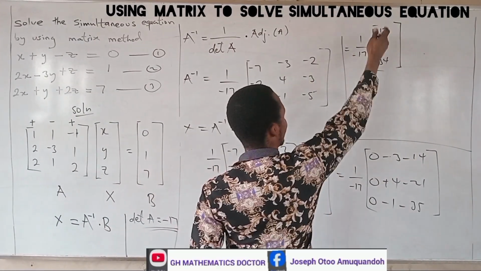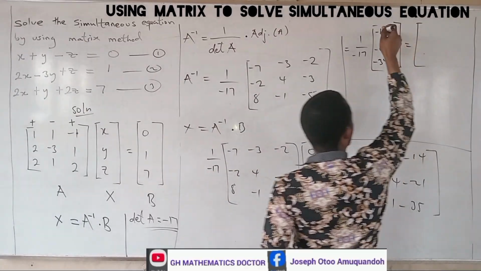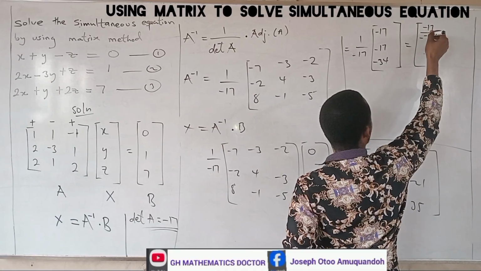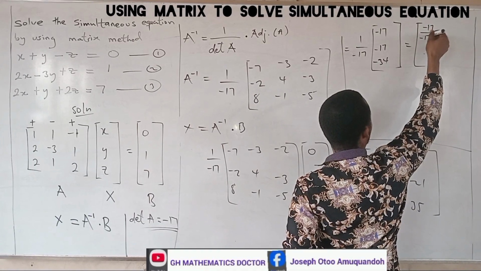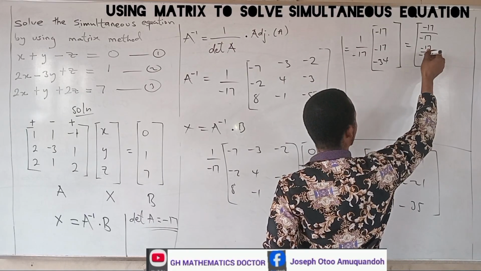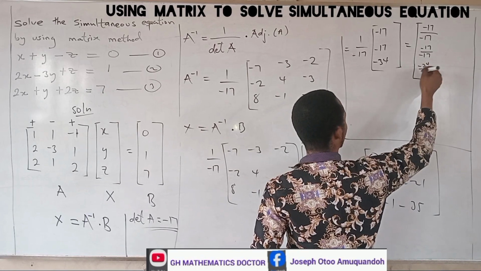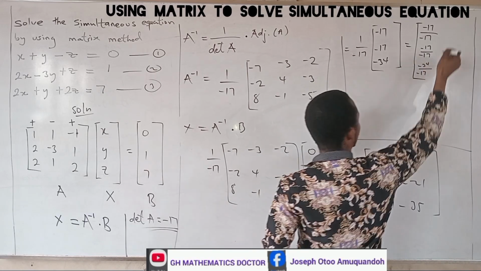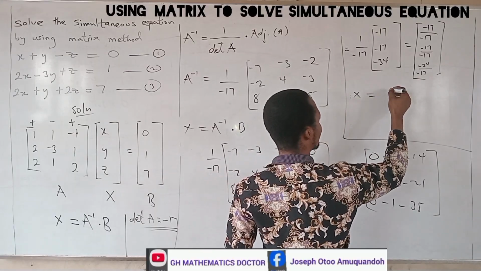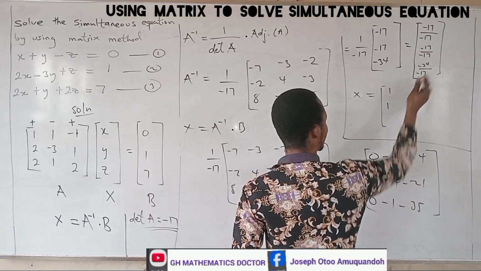Now we have to use this to multiply each term here, and we are going to get negative 17 times this. We have negative 17 over negative 17, then negative 17 over negative 17, and the last one, negative 34 over negative 17. So our x is equal to, this will give you 1, this will give you 1, this will give you 2.